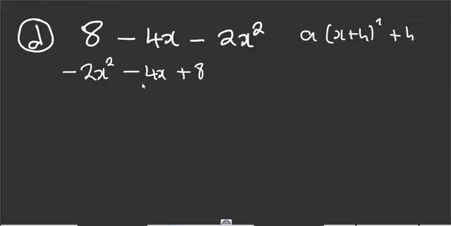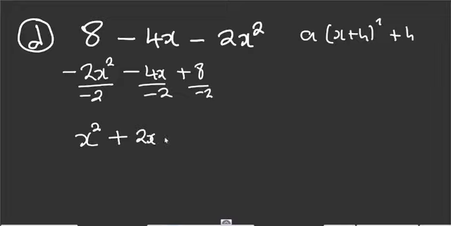It's simple as well. So first stage, you can divide throughout by negative 2 here. So you are going to get x squared plus 2x, then minus 4.